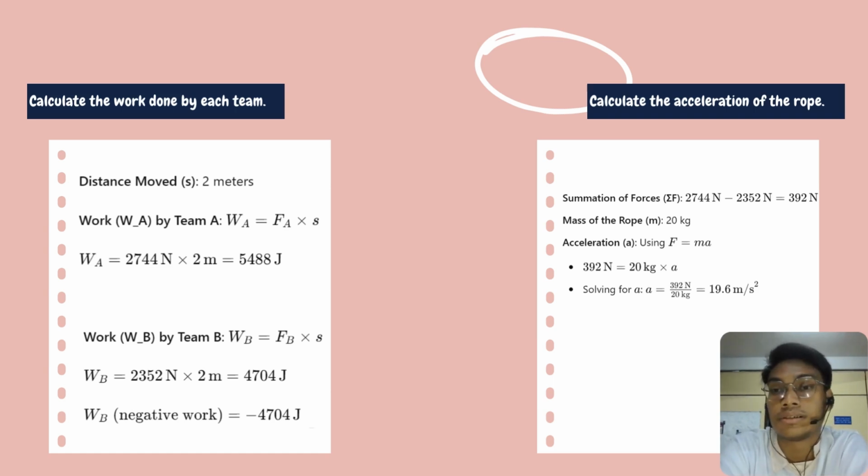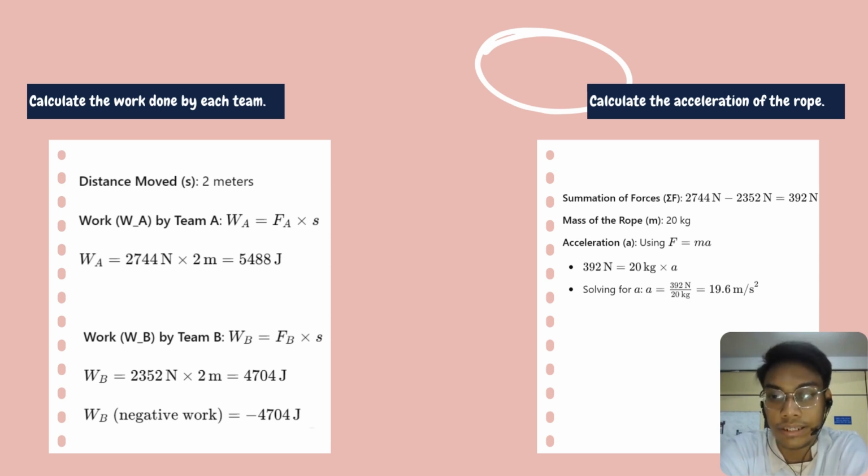So next, calculate the acceleration of the rope. The formula for the acceleration that we are using here is the summation of force equals ma. So the summation of force is 2744 Newton minus 2352 Newton, which equals 392 Newton.